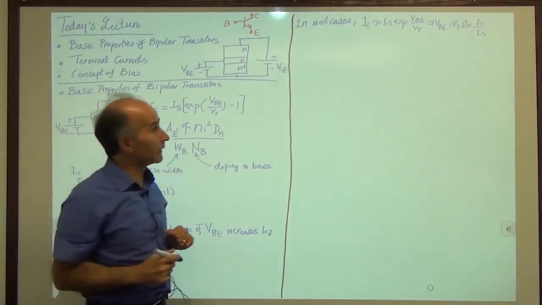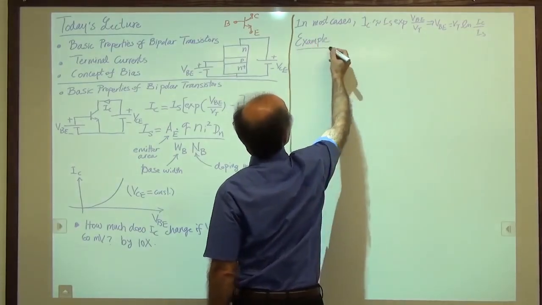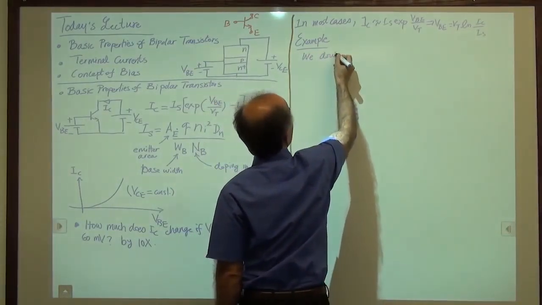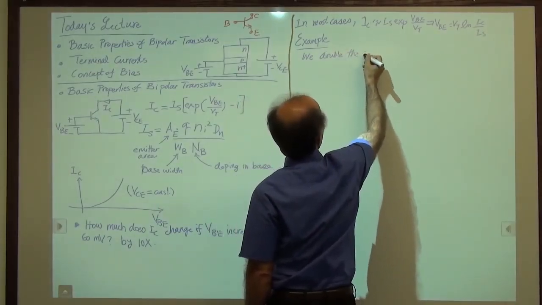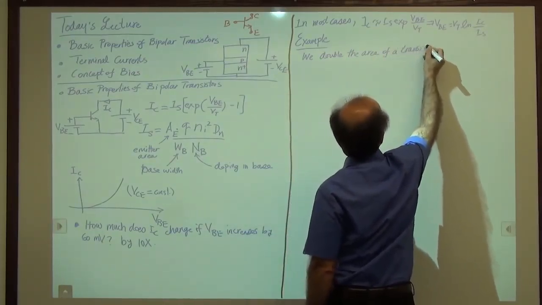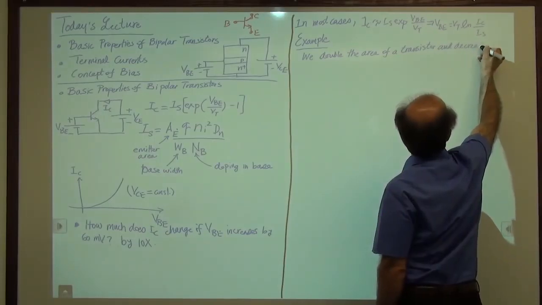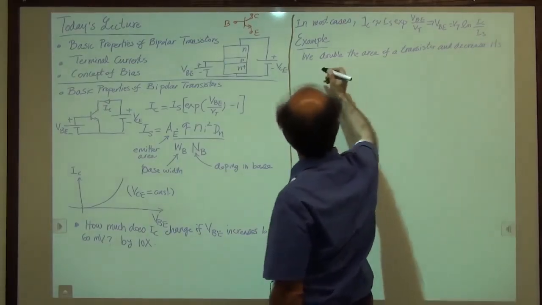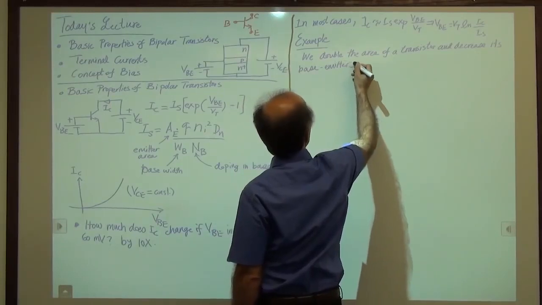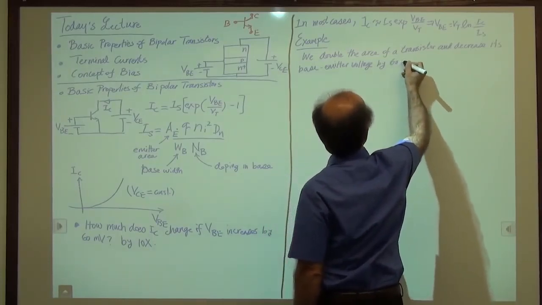Now let's look at an example. We double the area of a bipolar transistor and decrease its base emitter voltage by 60 millivolts.